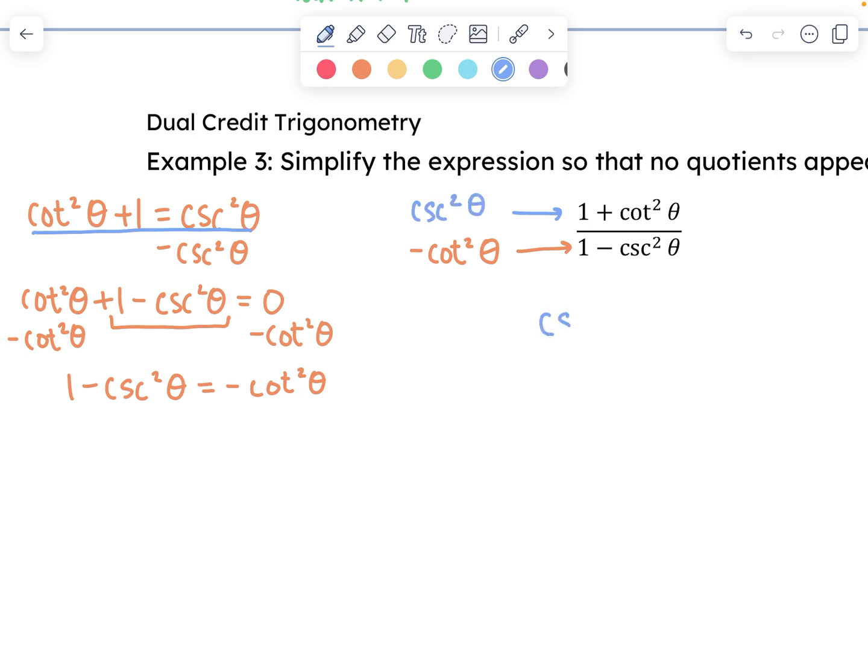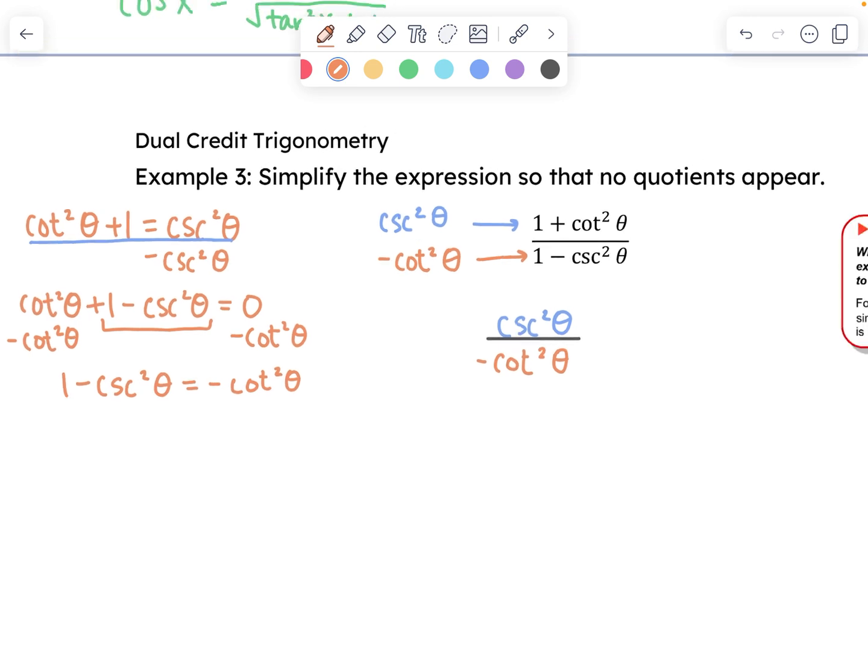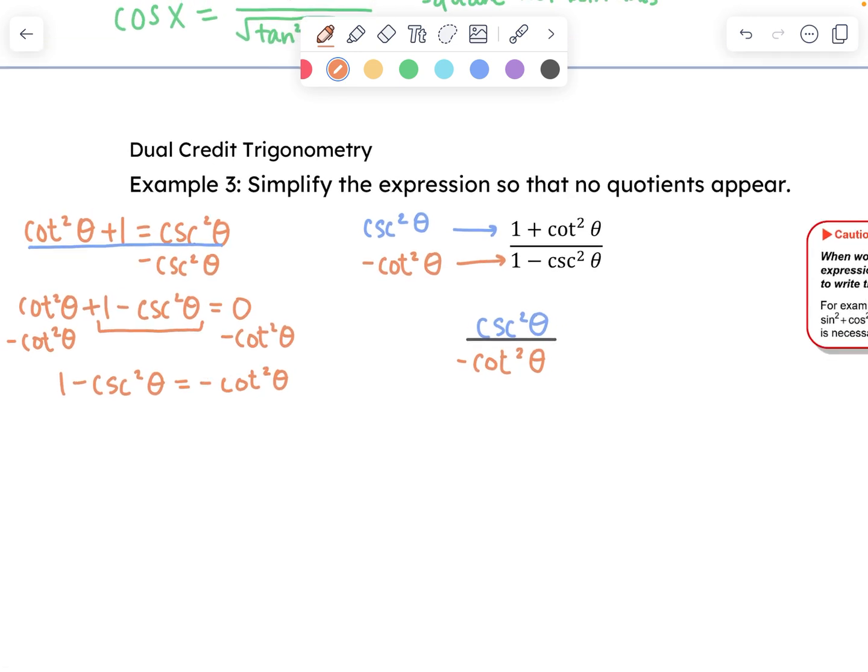So I can rewrite this as cosecant squared theta over my negative cotangent squared theta. And we've simplified it a little bit. We're still trying to get it so there's no quotients though. So from here, we've gotten rid of the 1 plus and the 1 minus, simplified it down.